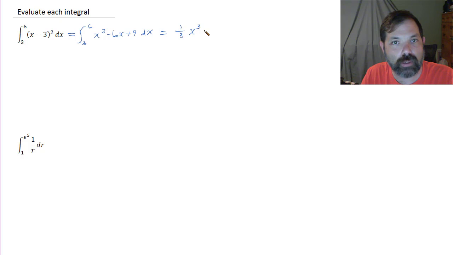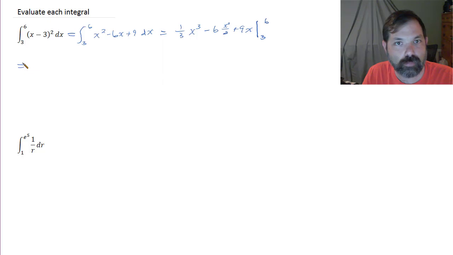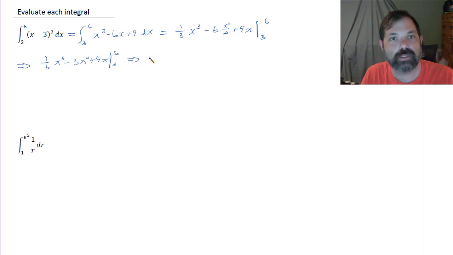Then minus 6 times x squared over 2, and a plus 9x. And then I would evaluate this from 3 to 6, and again, there's that notation. If we clean this up a little bit, that's 1/3 x cubed minus 3x squared plus 9x from 3 to 6. Now, evaluating this at 6, subtract, evaluate this at 3.